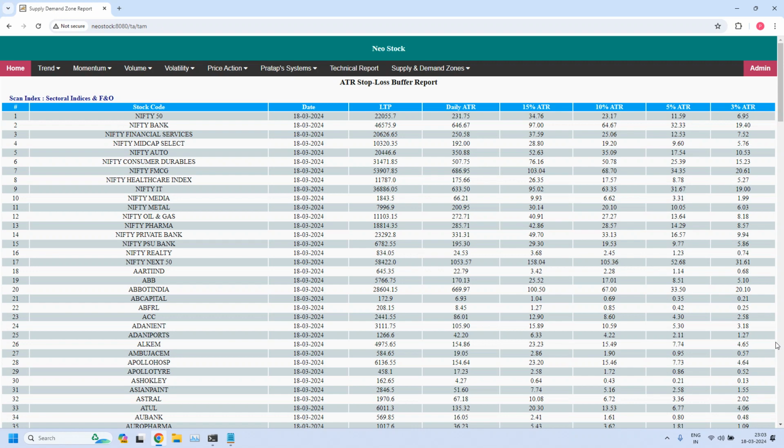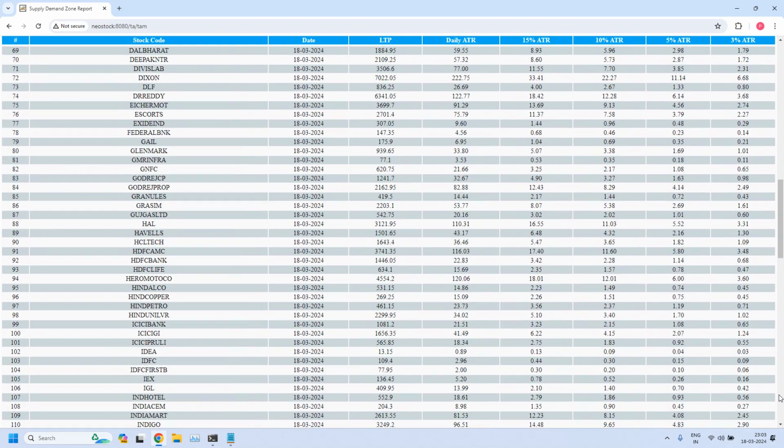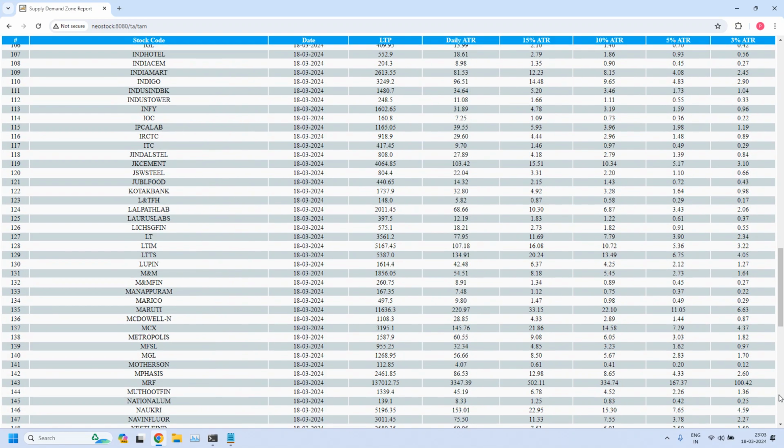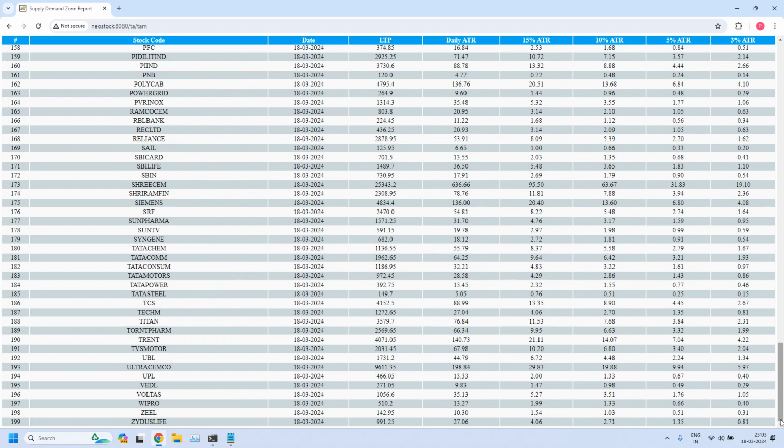I will be giving only a few seconds between each page when I scroll down. Okay, I'm scrolling down. So this is about stop buffers.